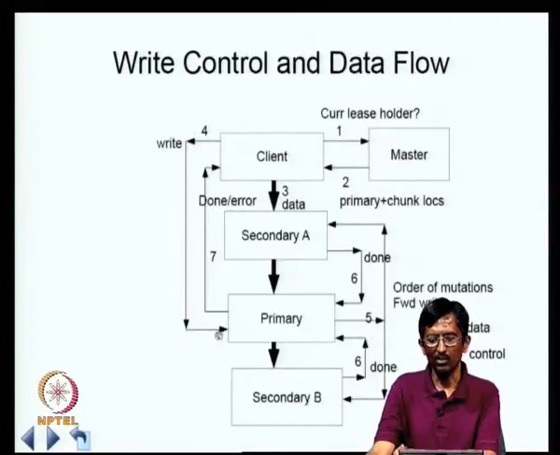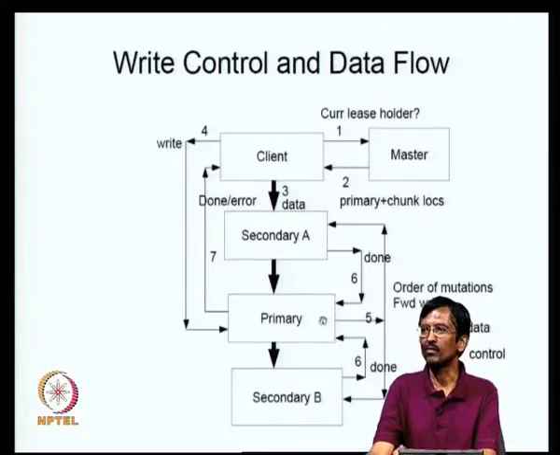So, write acks come back after the data has been transferred to all the secondaries and the primary. The client now sends a write. The primary now decides the order, that A has to be done first, followed by B, etc. Sorry, I made a mistake.